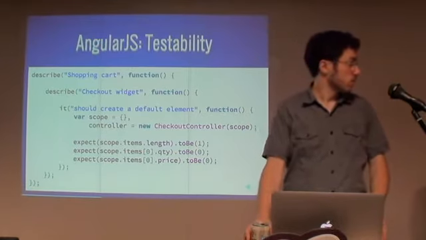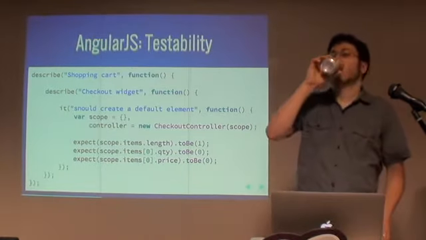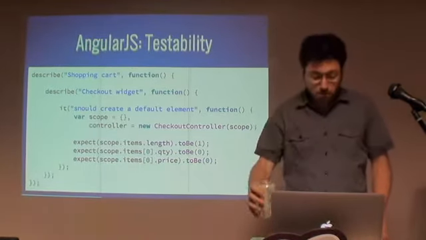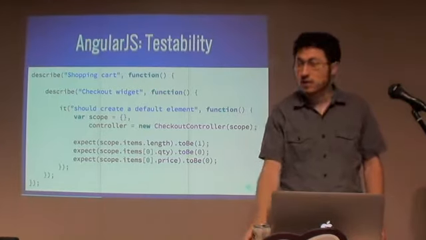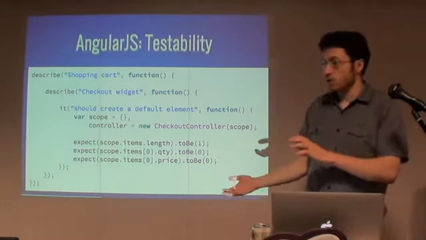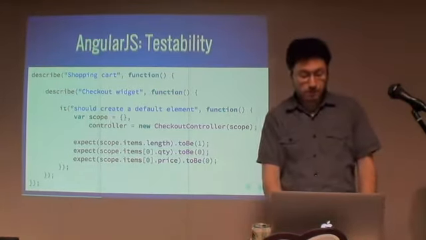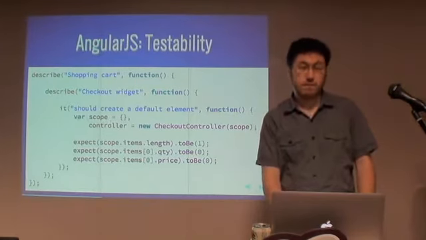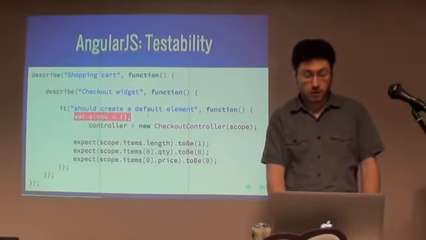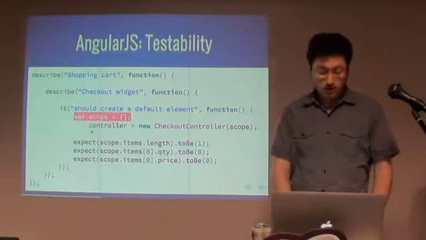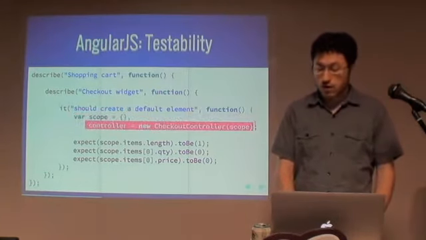So here is the test for the code we just saw. We just create the scope as an empty object and call the controller on it.